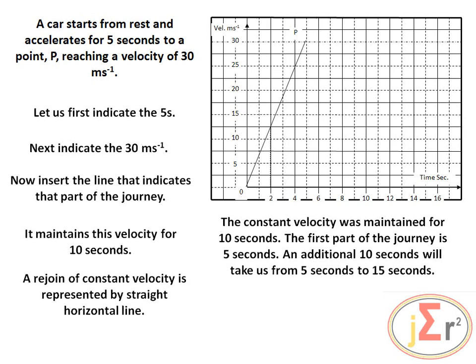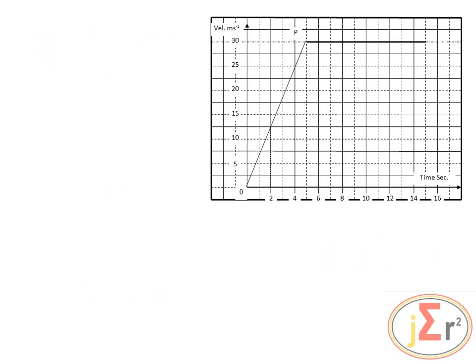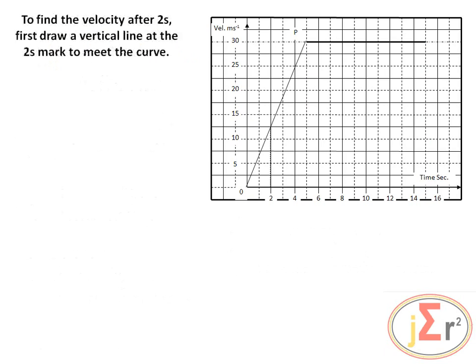An additional 10 seconds will take us from 5 seconds to 15 seconds. That is the line that indicates the constant velocity of 30 meters per second for 10 seconds.